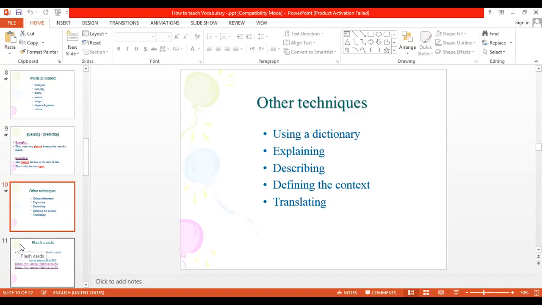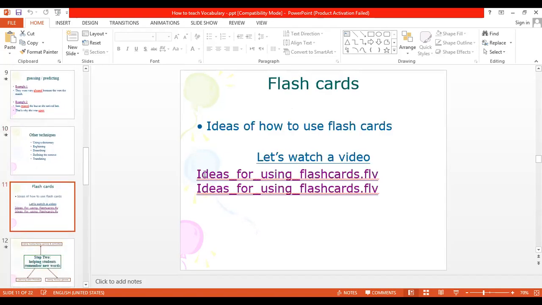Here, let me show you something which I found very beneficial. It's flashcards. If you want to use flashcards with your students, you don't just have to use them the same old way. There are many ways you can use the flashcards, and it's really exciting.